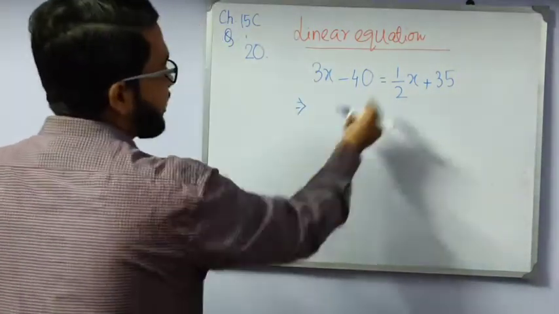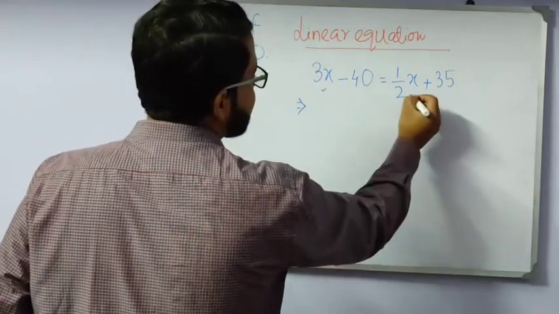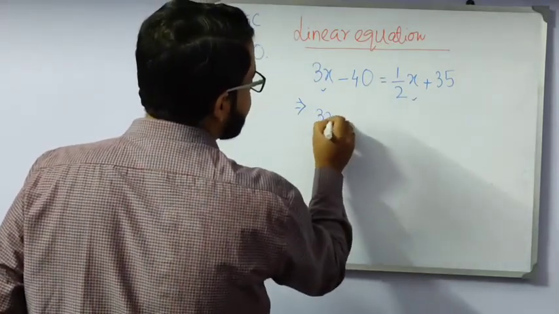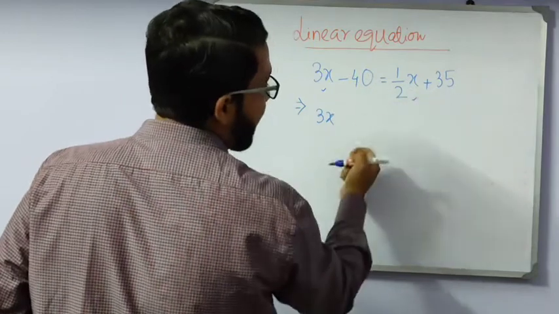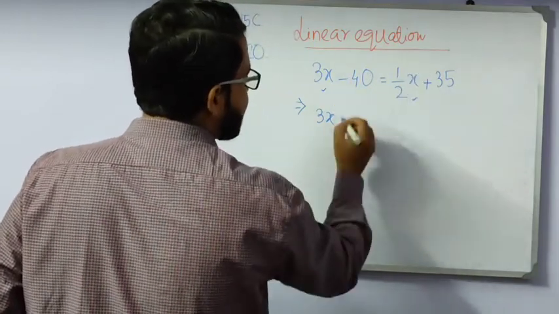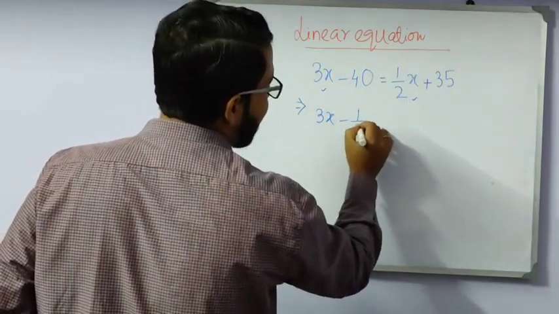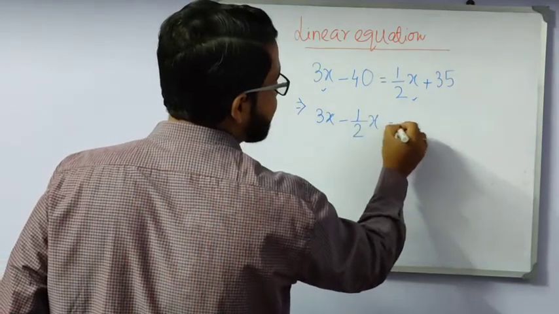So here these two are x related terms. So 3x, and this is plus half of x. When it comes to the left side, it will change its sign and becomes minus half of x.